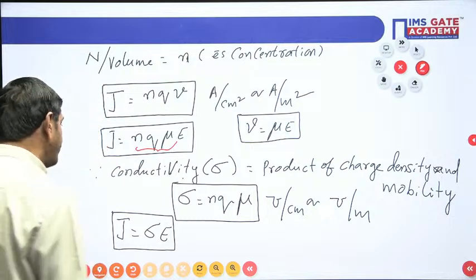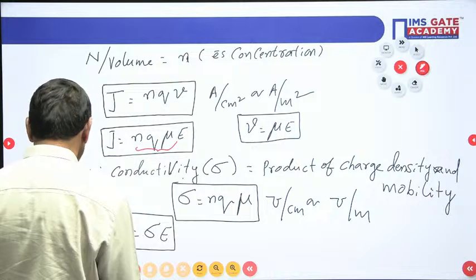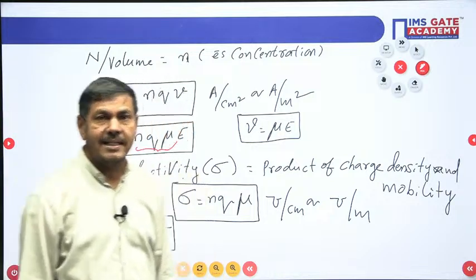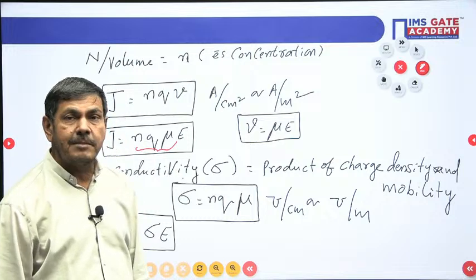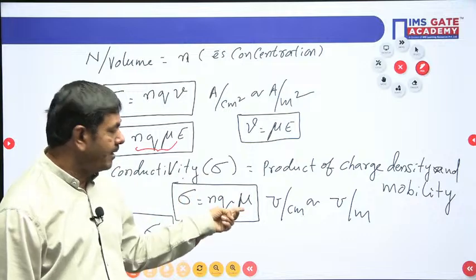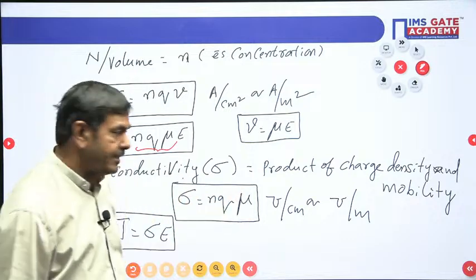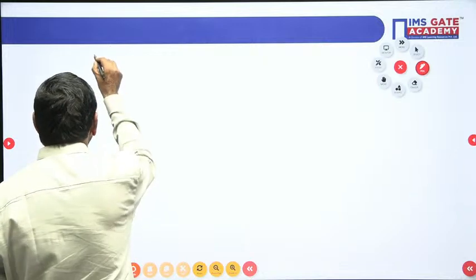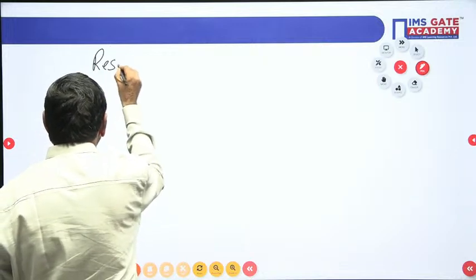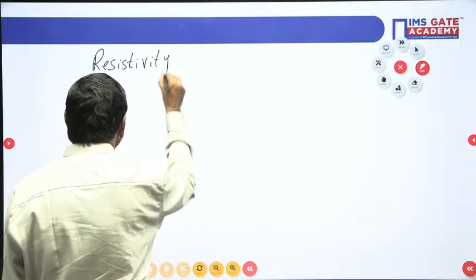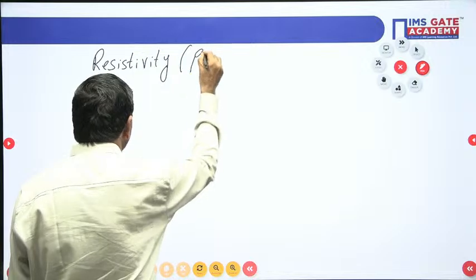And sometimes you will be asked in problems for the resistivity of conductors. Resistivity is nothing but the reciprocal of the conductivity, you know. If you take the reciprocal of this sigma value, you will get the resistivity. Resistivity is denoted by the symbol rho.